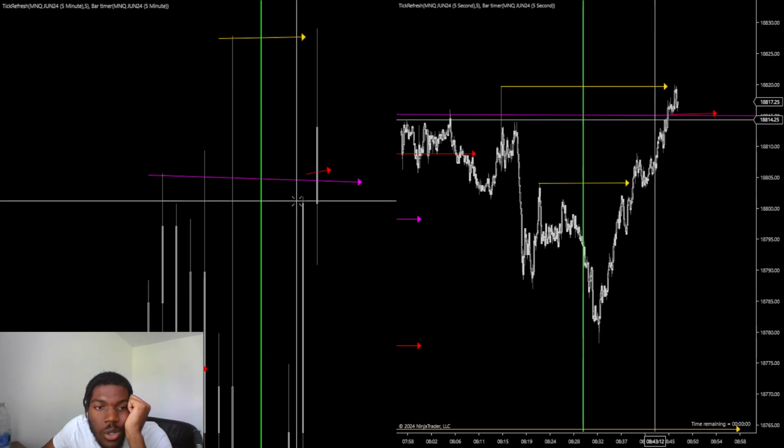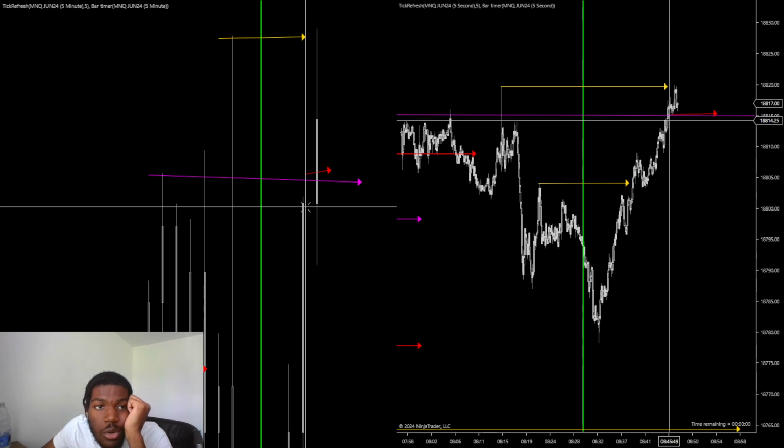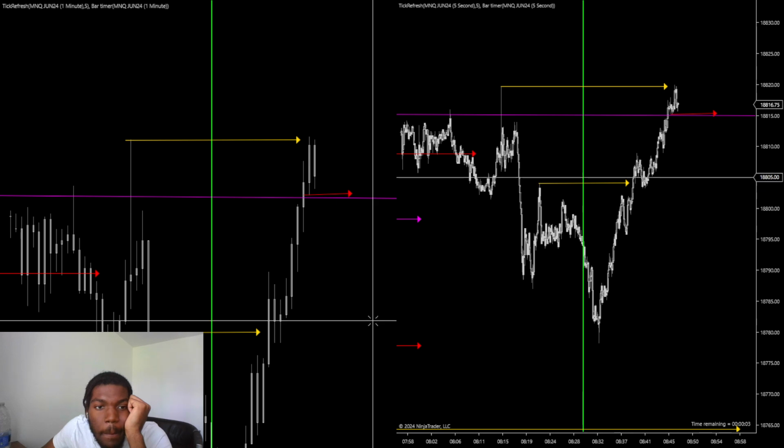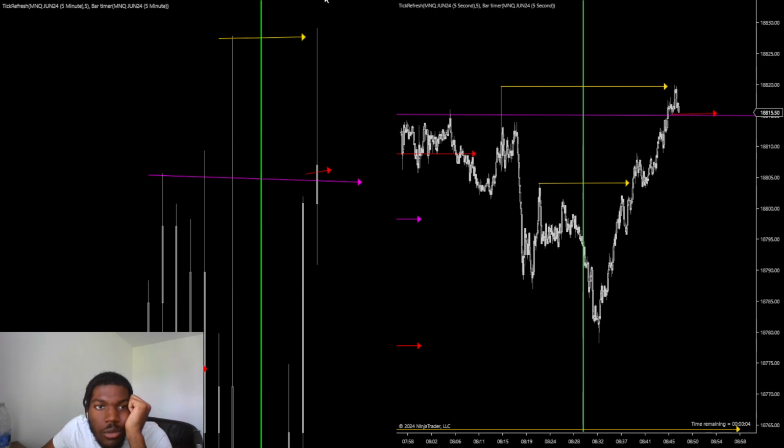Now, if we get below this close here in that previous candle, then that's wild, I'll be real. Let me even just highlight that.